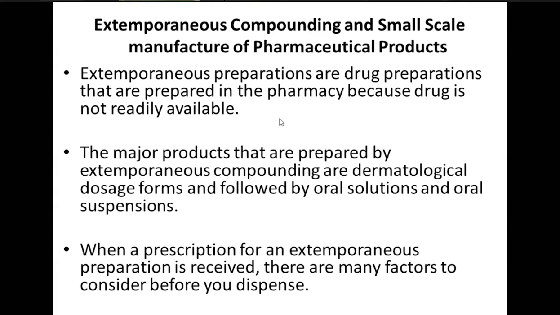meaning you are going to individualize the dose. You know the child's dose is this, but I only have 250. So you reformulate that powder into a suspension or syrup. Once you do that, you use whatever syrup is available, maybe multivitamin syrup, and dispense that to the patient.